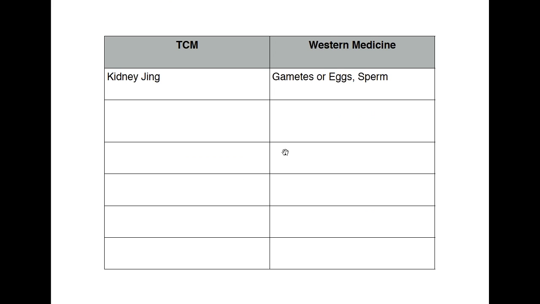In TCM, the kidney Jing, or the essence, is fundamental to reproduction and fertility in both men and women. In Western terms, that corresponds to the eggs and the sperm, as well as the constitutional strength of the client that you're working with.